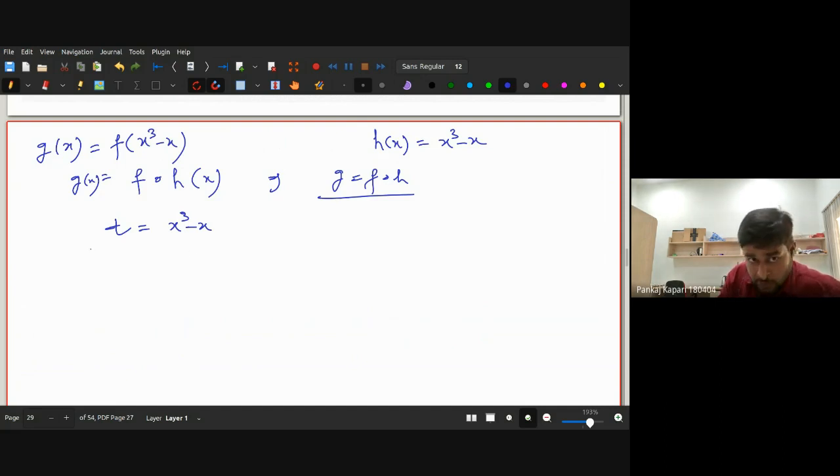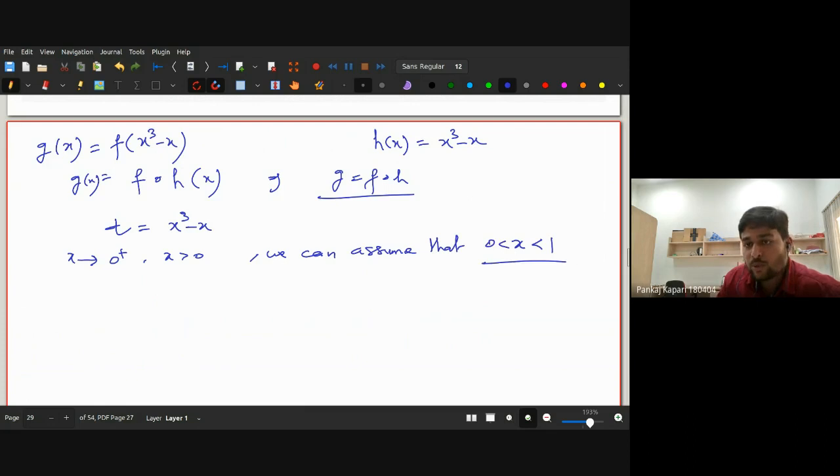Notice that x is approaching 0 from plus, meaning from the right hand side, that is, x is positive and x is approaching 0. So we can assume that x lies between 0 and 1. x is positive, but still I want to control the value of x, because at the end x has to become as small as possible, x goes to 0.